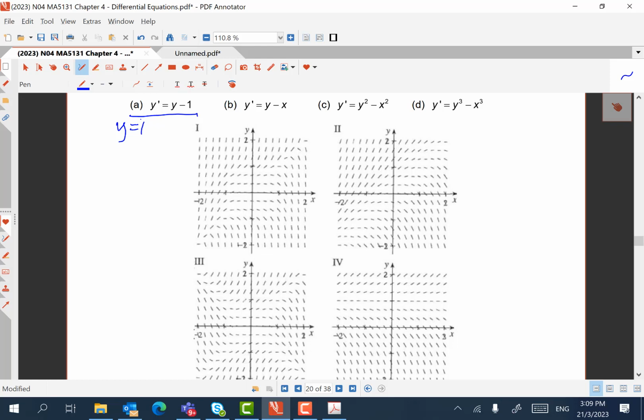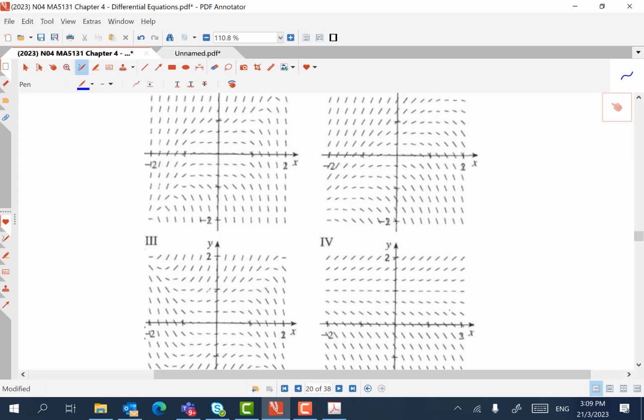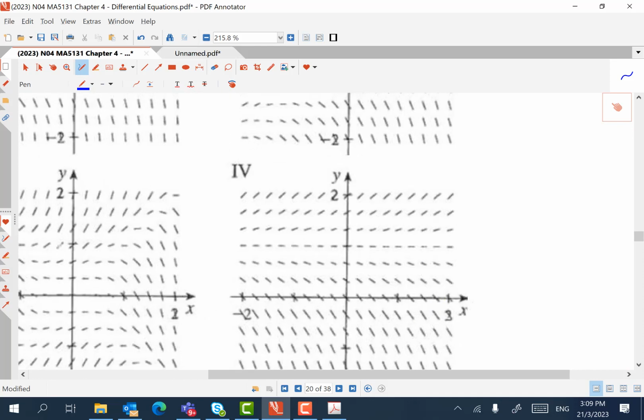You look at first, second, third, and on the fourth one, if I amplify it a little bit, can you see on the fourth one, this is actually 1. It shows you that when the y coordinate is 1, the slope field registers 0 gradient throughout y equals 1.